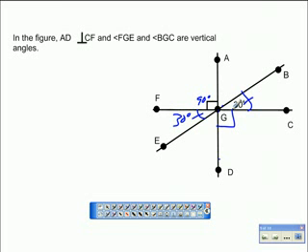Okay, so what's AGB? Angle AGB. So AGB is this angle right here. What's that angle right there? Well, this one's 30.